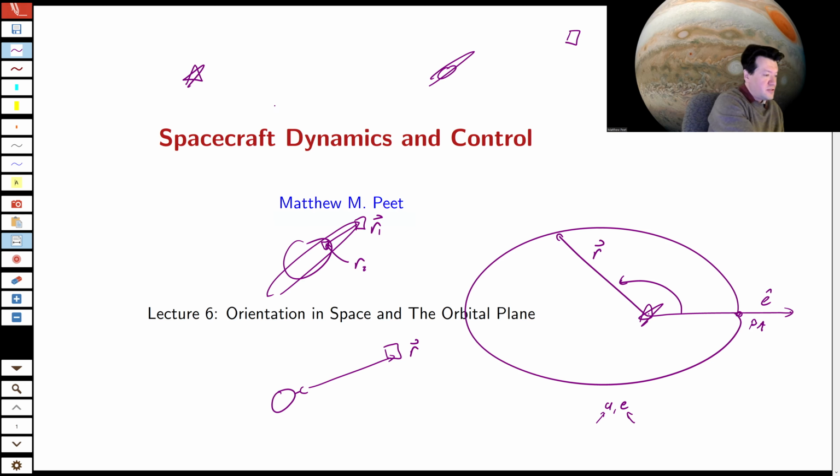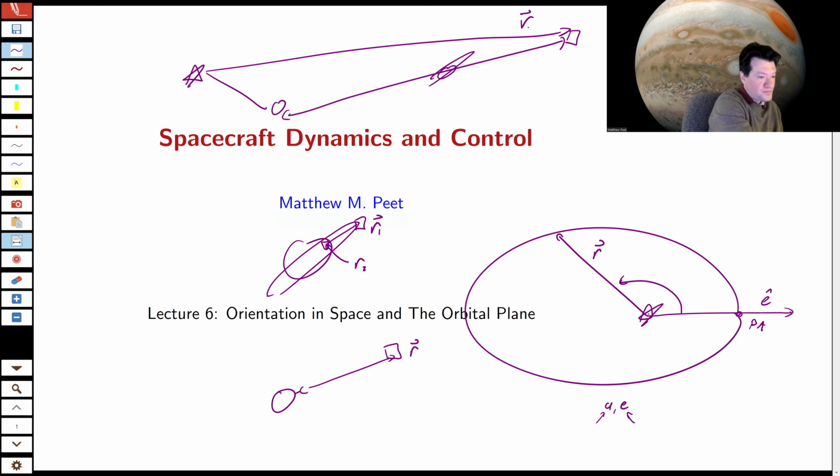And here's Earth, and you want to keep your radar or communication array pointed towards Earth. Well, in that case, you also have a position vector, and Earth has a position vector. And you want to find the relative position vector and point your antenna in that direction.